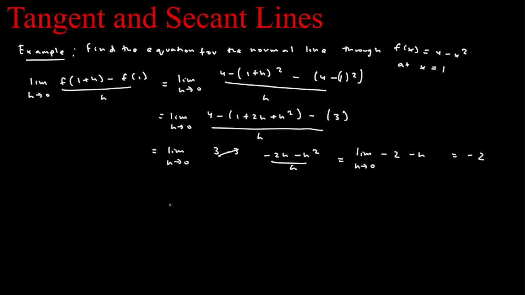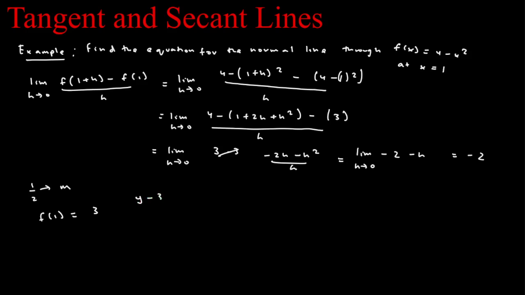So we know the negative reciprocal of minus 2 is just 1/2, right? So that is m of our normal line. And we know f of 1 is equal to 3. So basically, we're just finding out the equation of a line with slope 1/2 that goes through this point. And now we just use algebra to find this out.